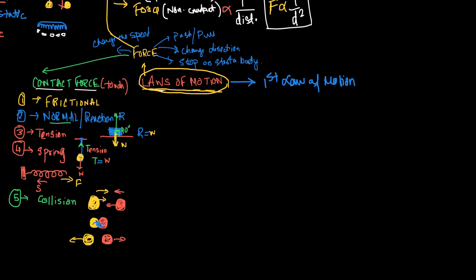So what we would write in terms of the first law of motion is, we'll write a body. When I'm talking of a body, I'm talking about a non-living body. A living body can give force internally, right?